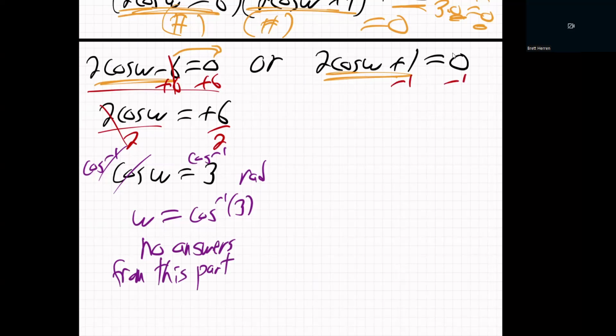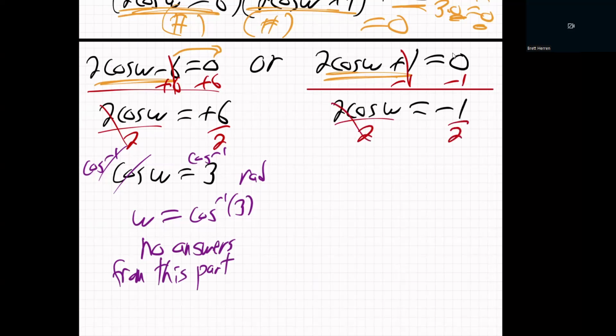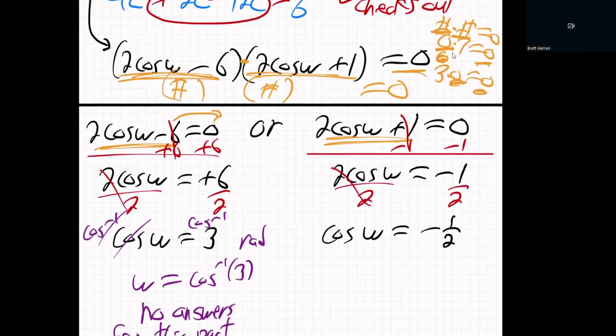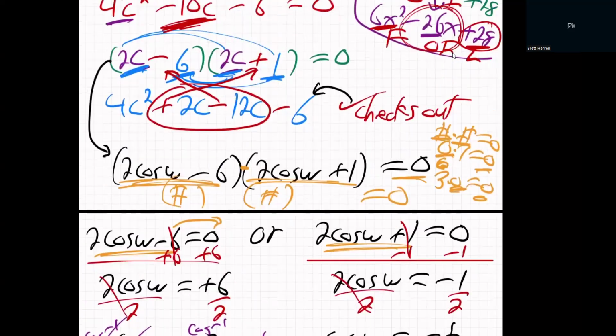So subtract 1 from both sides. Boom. 2 cosine W is -1. Divide by 2. Boom. Cosine W is -0.5.